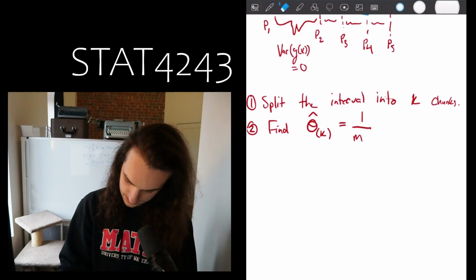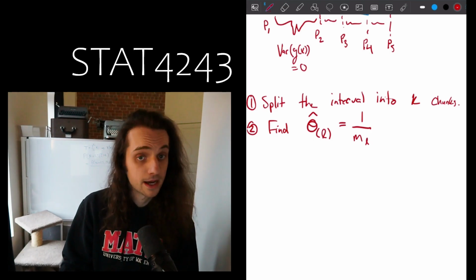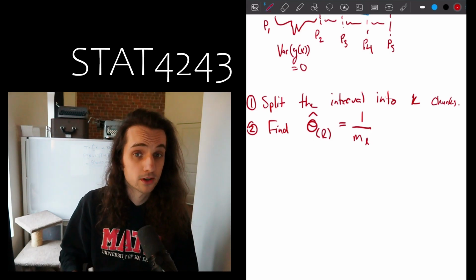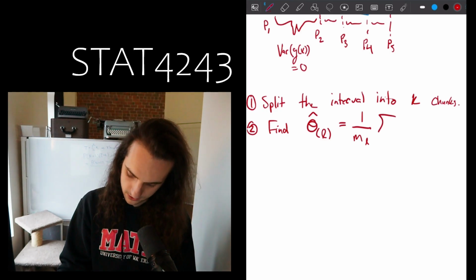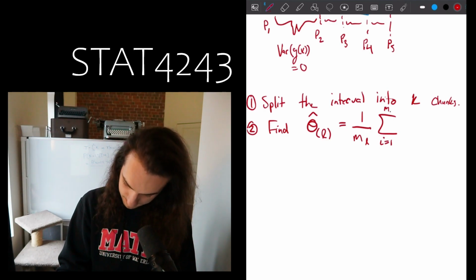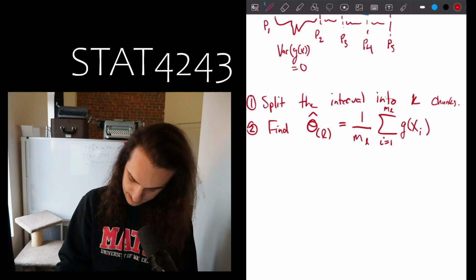It's going to be 1 divided by m_L, where m_L is the number of points we're sampling in each of these intervals, times the sum from i equals 1 to m_L of g of x_i, and this is for L equals 1 through k.